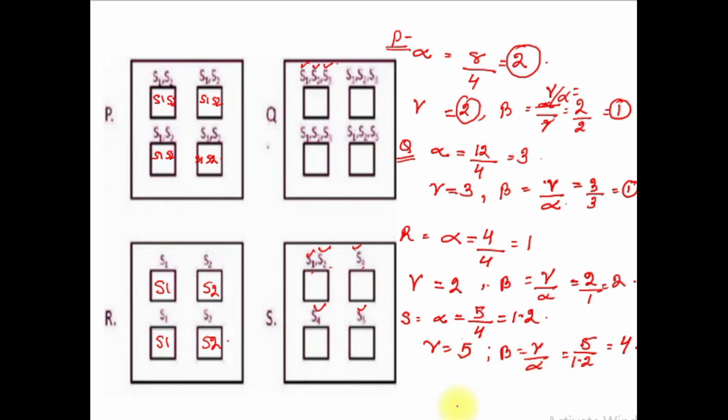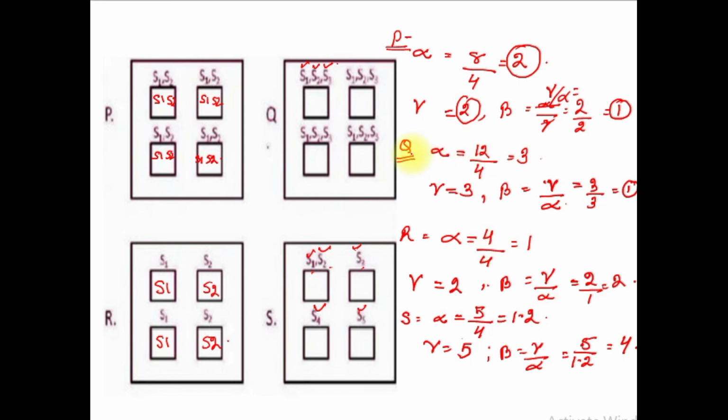From here we will see the maximum alpha and beta. In case of P we have alpha equals 2, in case of Q alpha equals 3, for R alpha equals 1 and for S alpha equals 1.2.